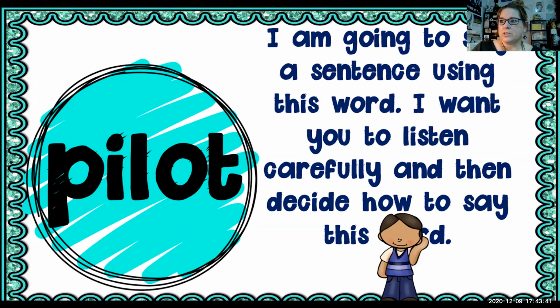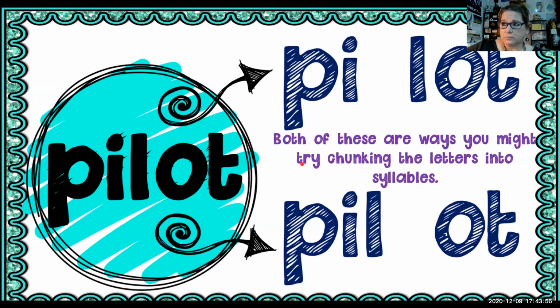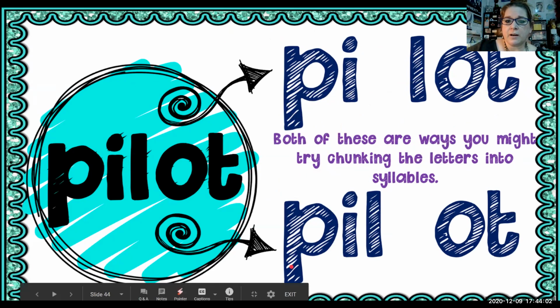So I'm going to say a sentence using the word. I want you to listen carefully and then decide how you're going to say that word. Okay. Is it pi-lot or pil-let?